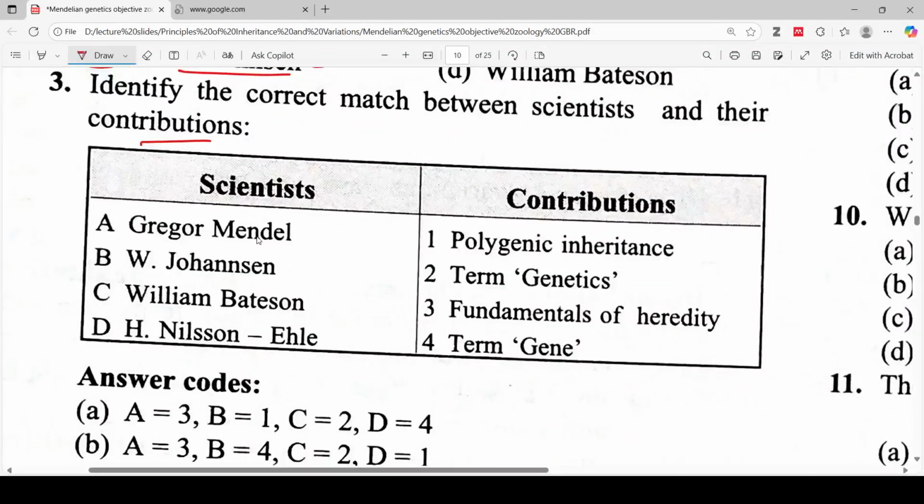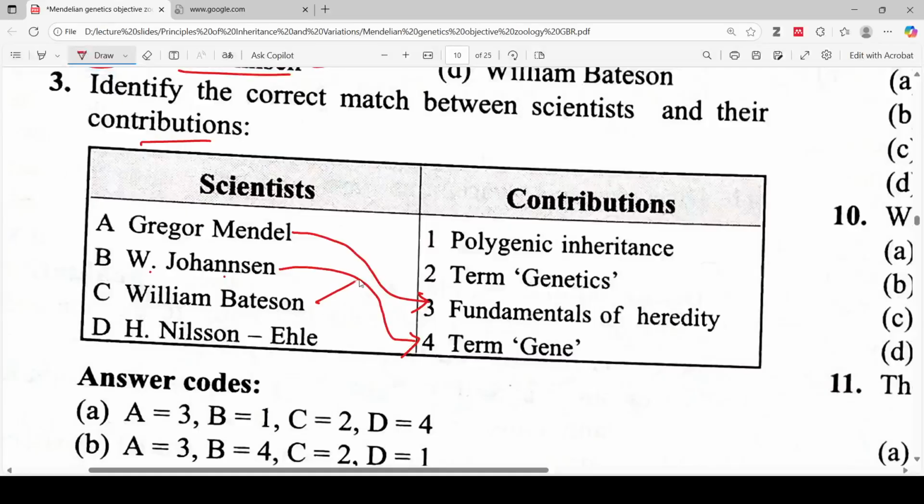So Gregor Mendel will match with 3, and W. Johansen will match with 4. He termed the gene, or coined the term gene.